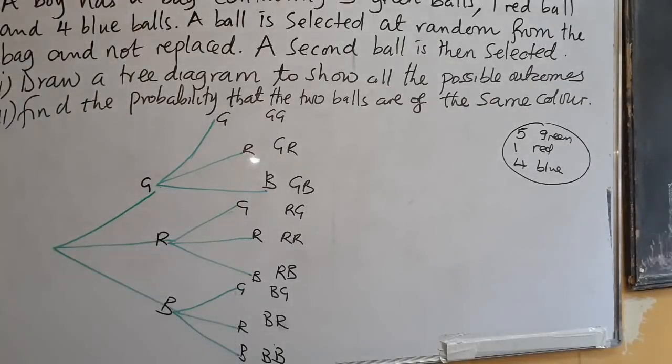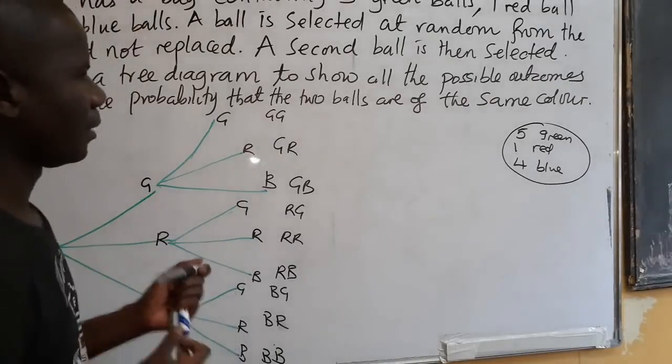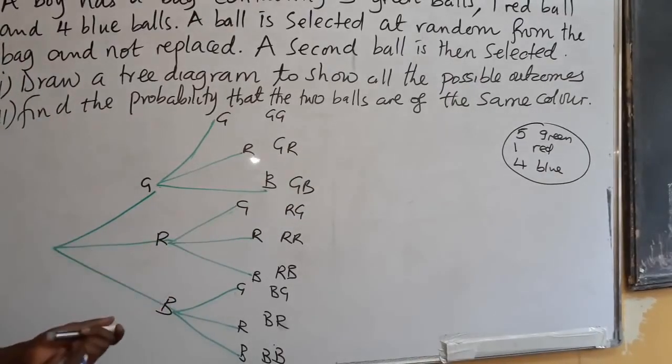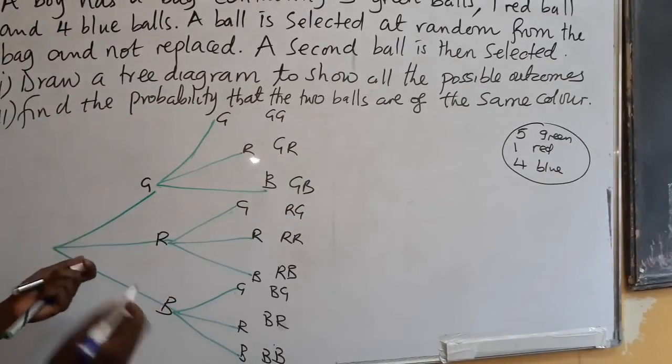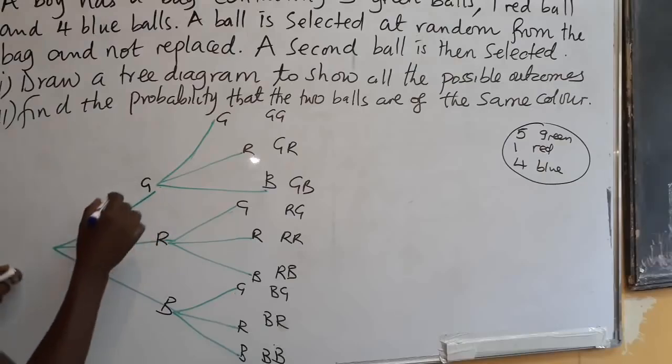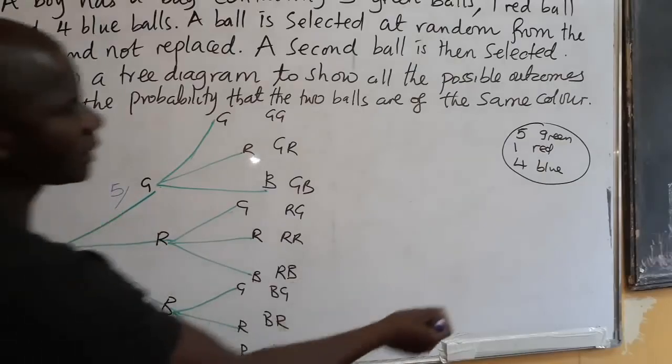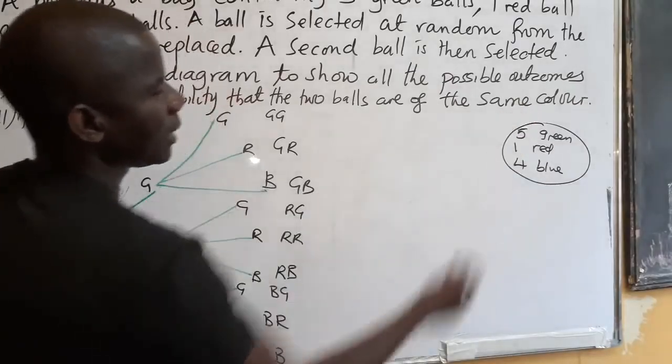Okay. Then the first one, the green, how many are they? The 5. So the first one is going to be 5 over, what is the total? The total here is 10.